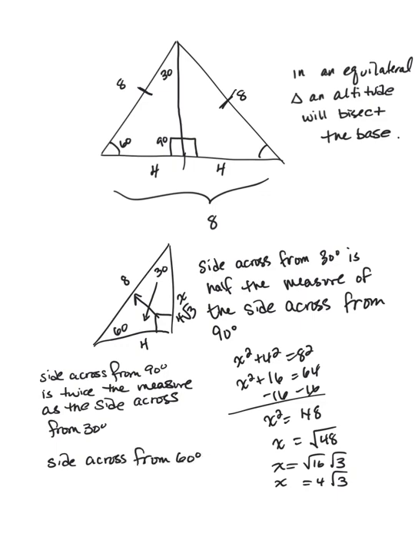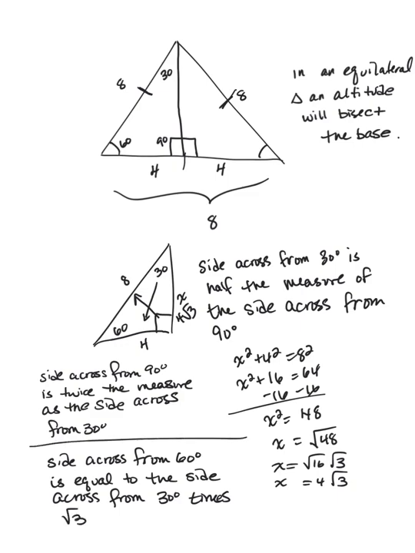Across from 60 degrees is equal to the side across from 30 degrees times rad 3. Okay, you need to be able to do other things with these as well.